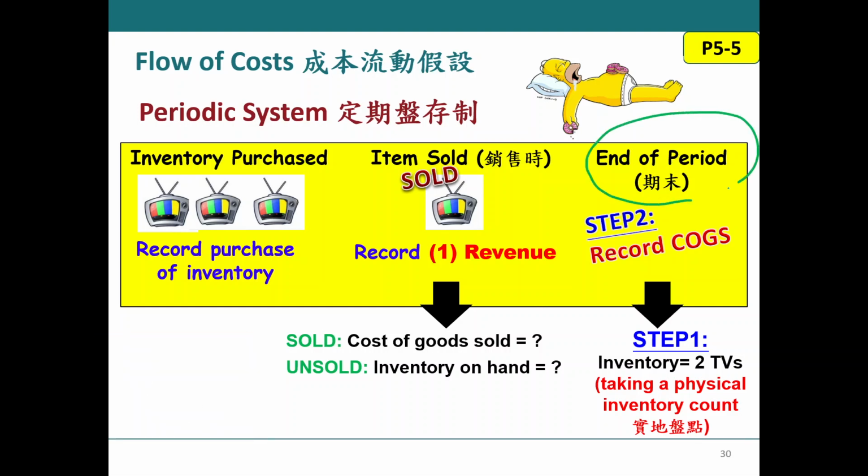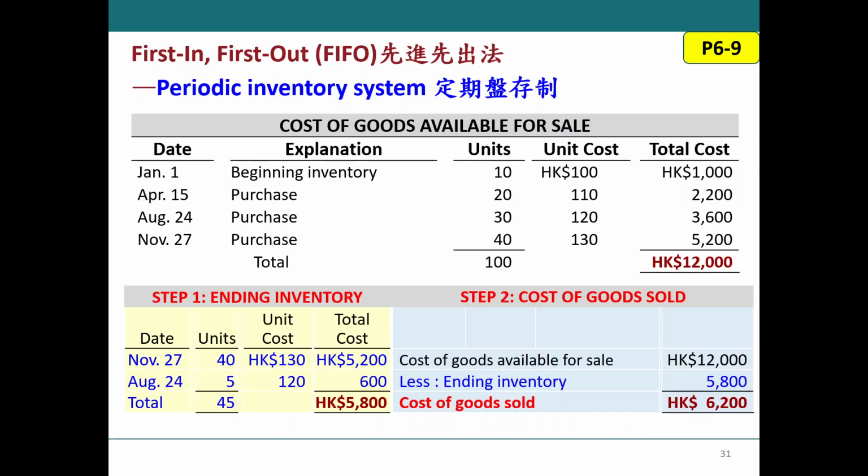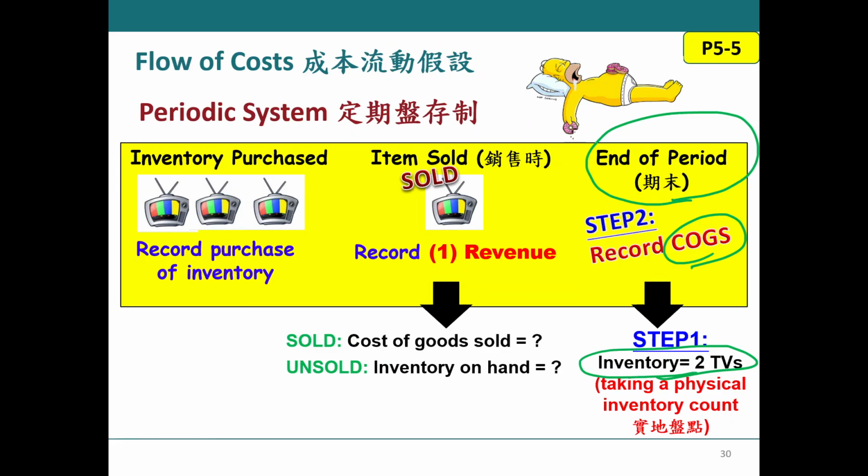On the last day, we try to get cost of goods sold, cost of ending inventory. It's quite important because later on we will tell you when you are the hard worker, perpetual, 永续盘存制, then you try to get these 2 numbers at different dates. Okay?